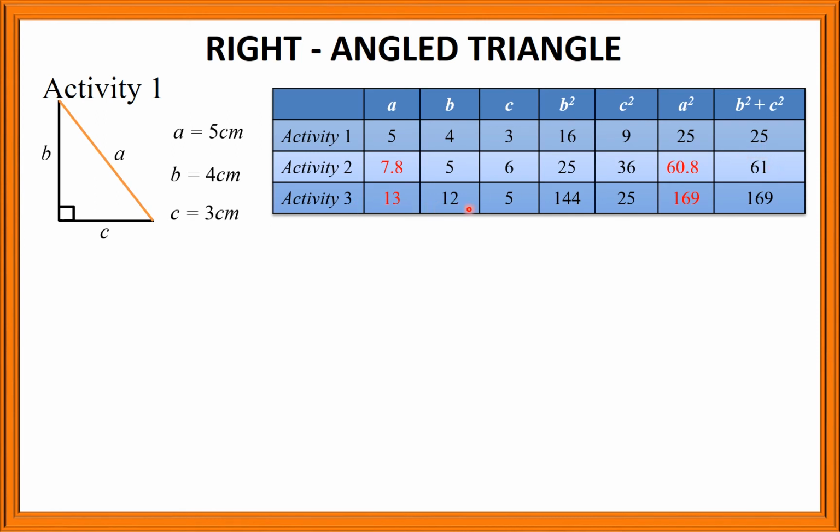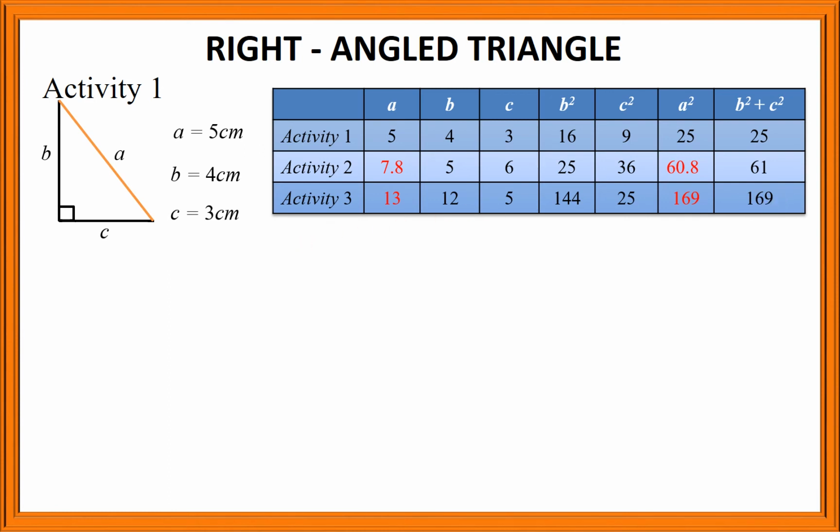Then with activity 3, where B is 12, C is 5, measuring A becomes 13. That gives us B squared to be 144, C squared to be 25, and A squared to be 169, where B squared plus C squared will be 169 also.